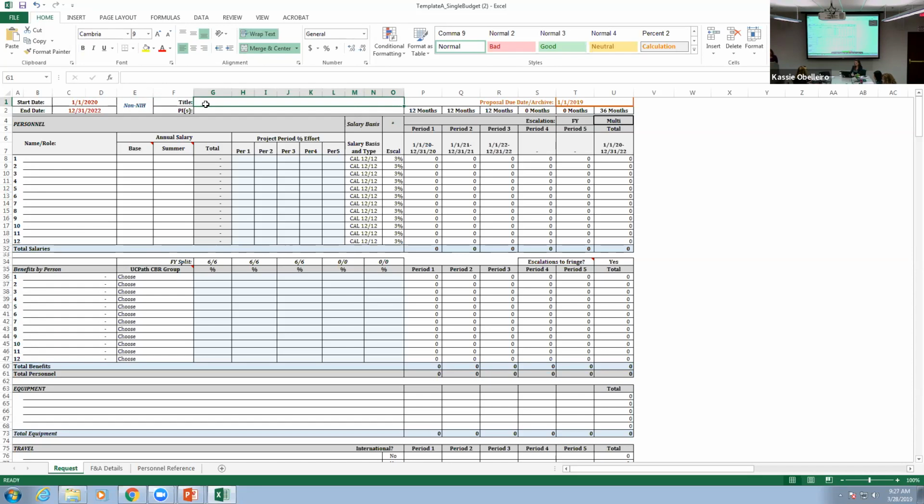Okay. I usually put the title right up here. So we're going to put randomized cookie eating trial. And then the PI's name here. It doesn't matter, it's internal. You can use that for whatever you want.